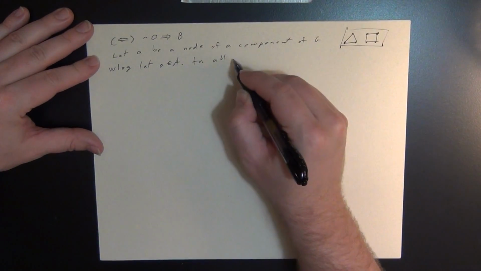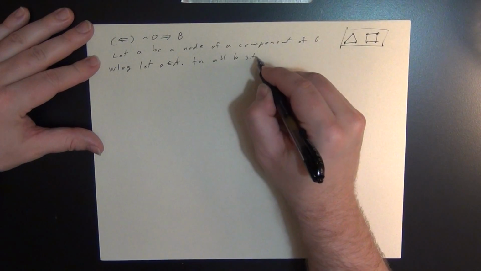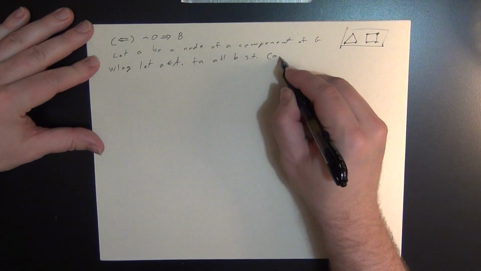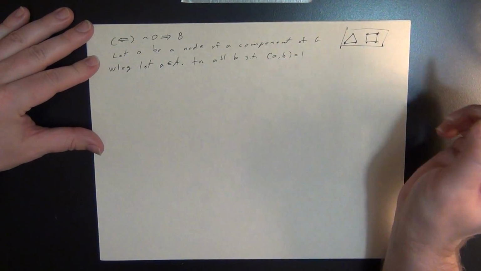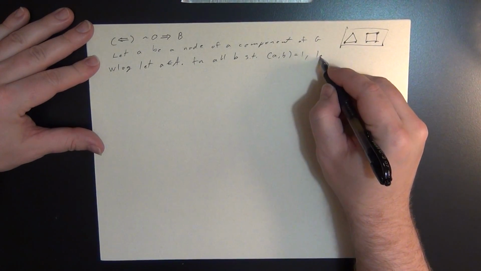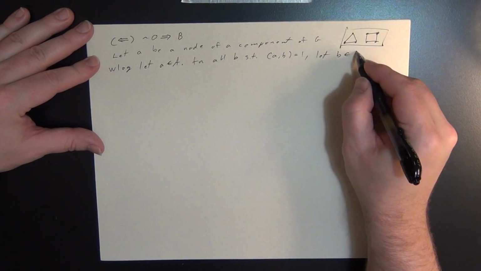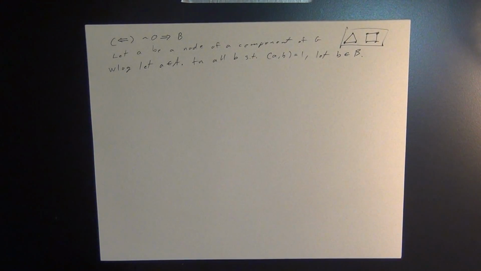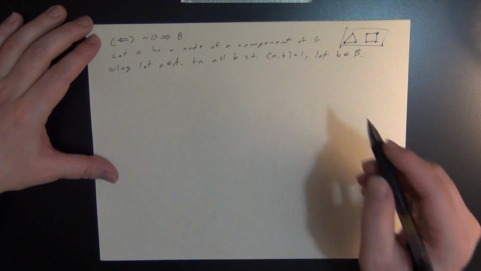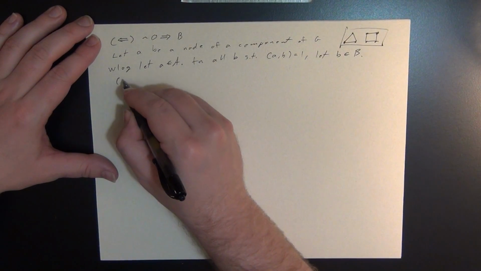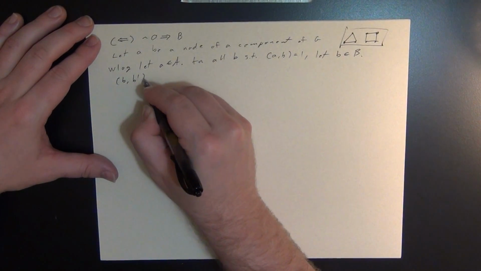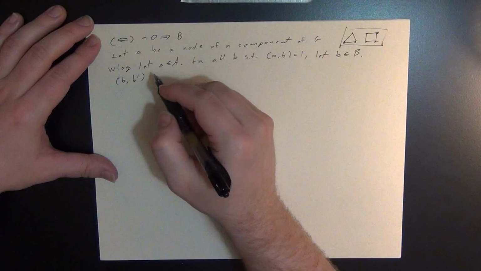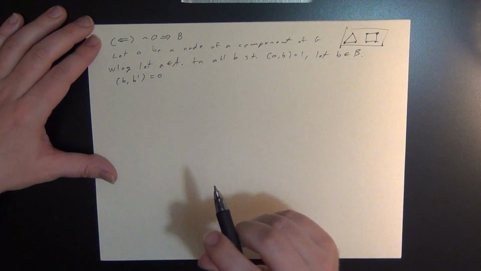For all B such that A, B are connected, let those B's be part of the second partition. Now, B, B prime is equal to 0.